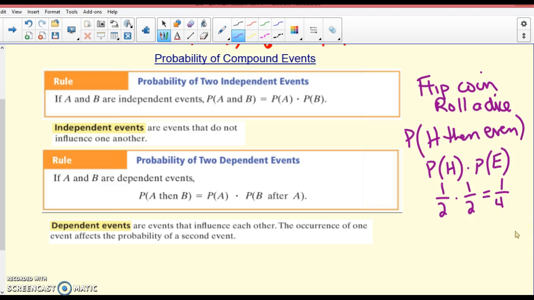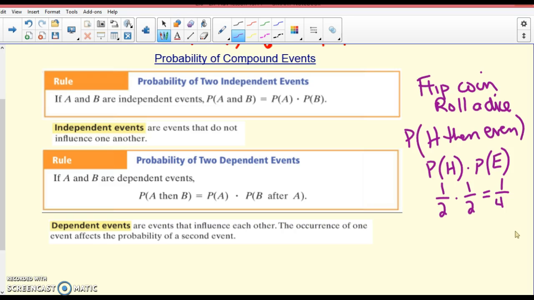Now, that is two types of probability. On Friday, we learned about theoretical, which is just based on the number of outcomes, and experimental, which is based on something somebody did. Let me ask you a question.